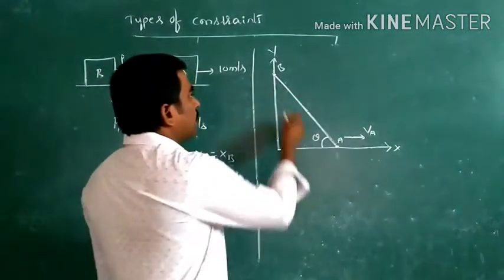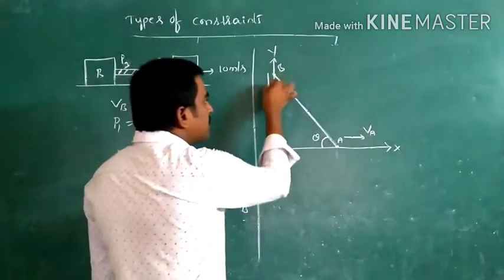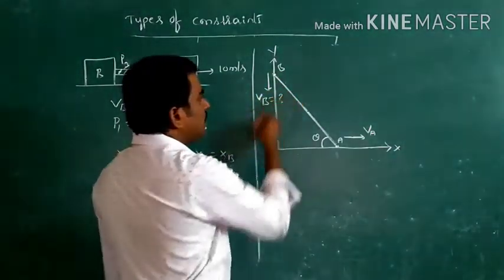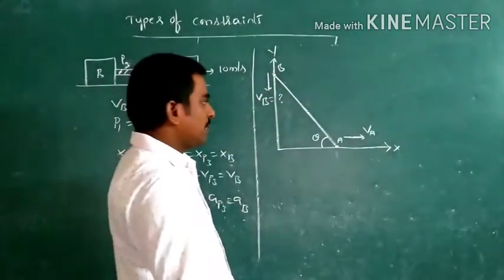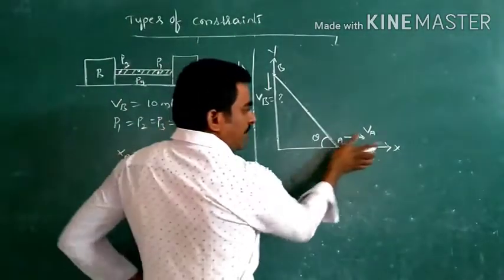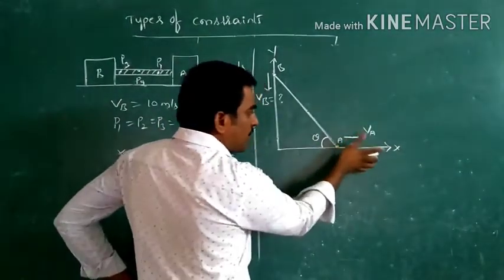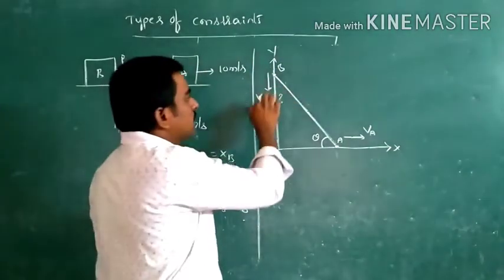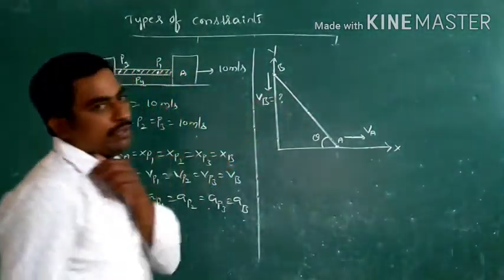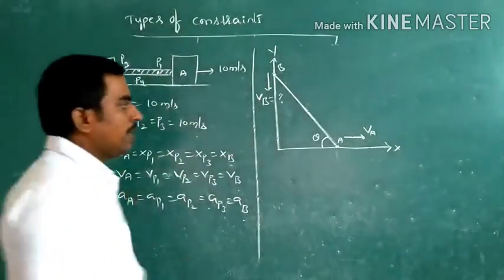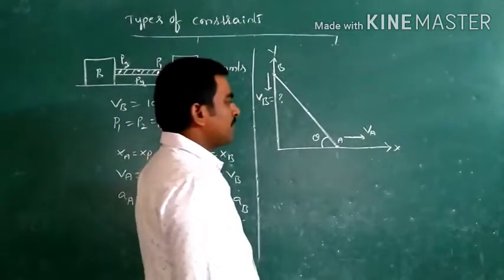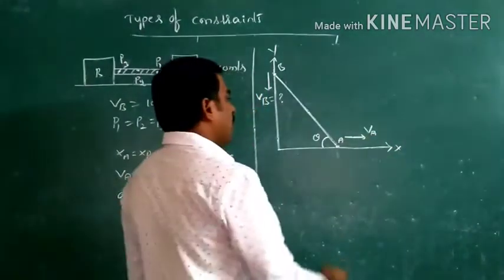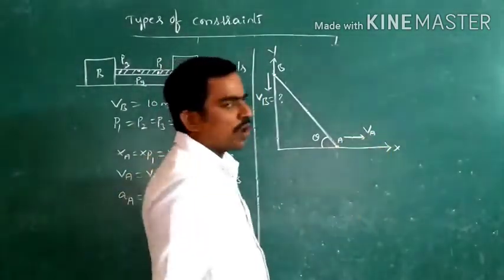Now I am going to calculate the velocity of the point B. Generally you know that this end moves in this direction, and automatically the other particle moves in the downward direction with a velocity v. Now let us assume this moves along this horizontal direction. Now I am going to resolve this velocity into two components.